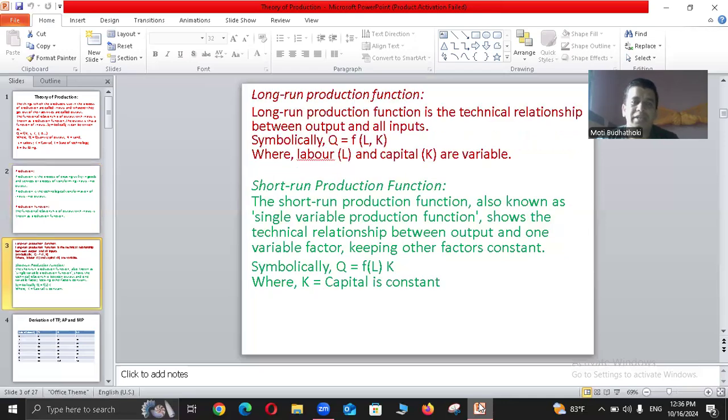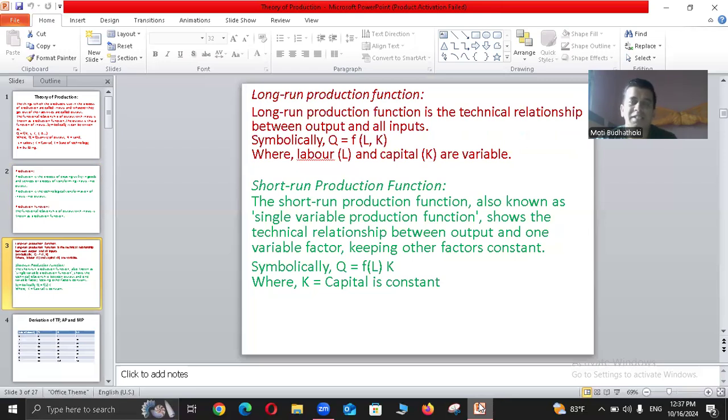Now, there are two types of production function: one is long run production function and another one is short run production function. Long run production function is the technical relationship between output and all inputs.